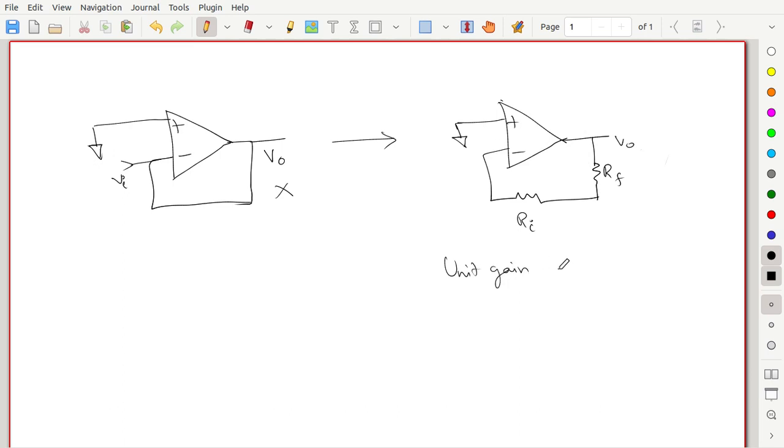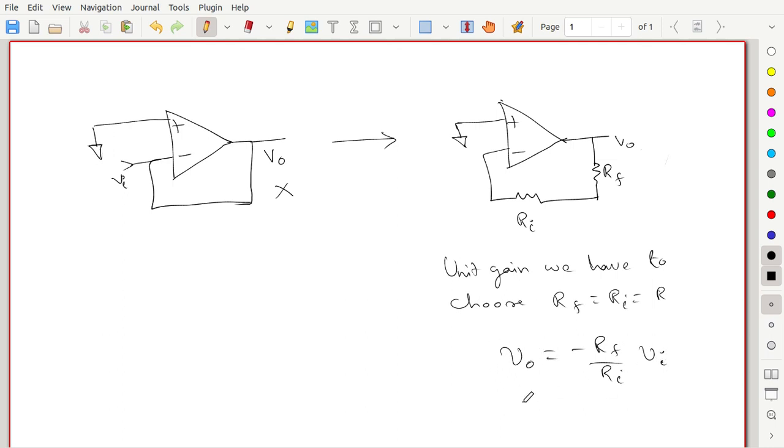gain we have to choose RF equal to RI equal to R, because we know that V out equal to minus RF by R times Vi. So what is the gain formula?